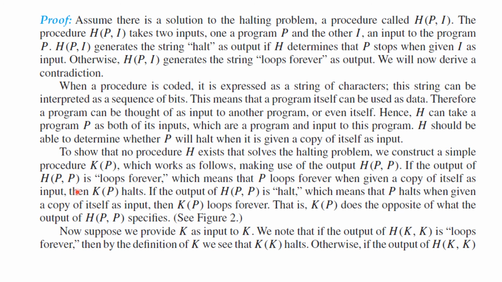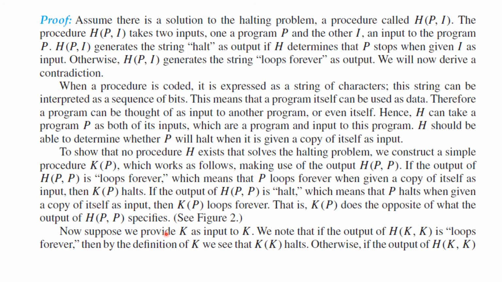If the output of H(P,P) is that P loops forever, given a copy of itself as input, then K(P) halts. If the output of H(P,P) is halt, meaning that P halts when given a copy of itself as input, then K(P) loops forever. That is, K(P) does the opposite of what H(P,P) does.